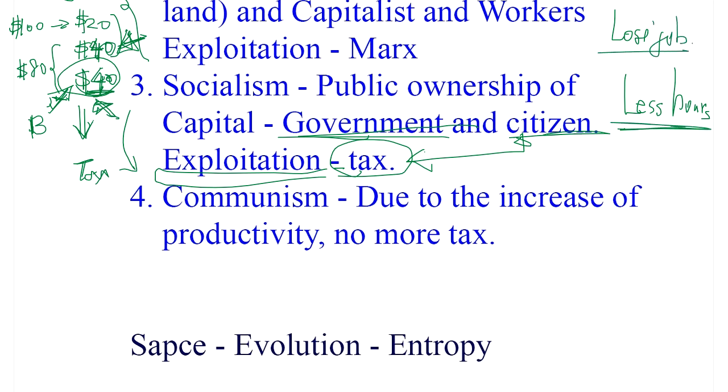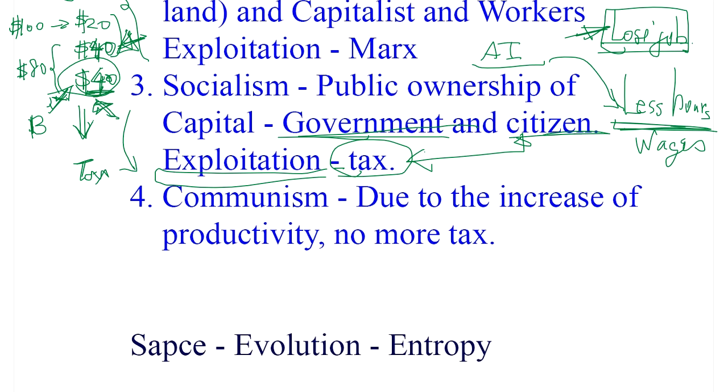Under socialism, when robotics and AI come in, productivity increases, and all the benefit is shared. So people work less for the same wages. But in capitalism, they lose jobs, a reduction of workforce because of AI and robotics. Okay?